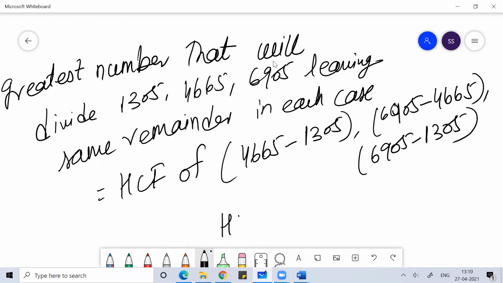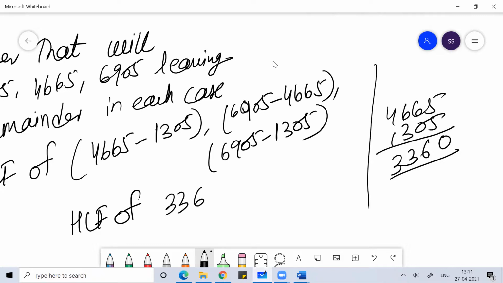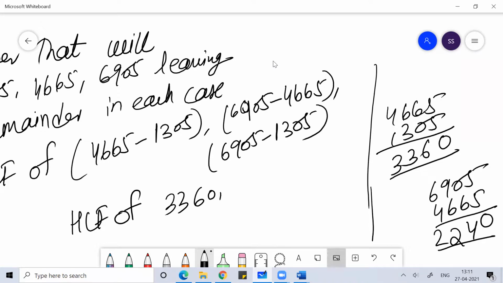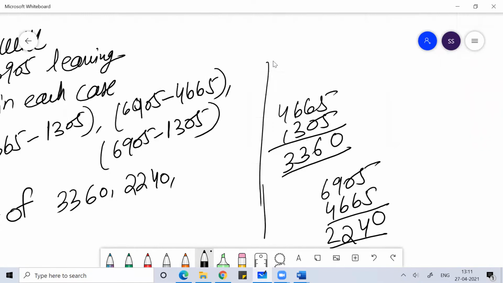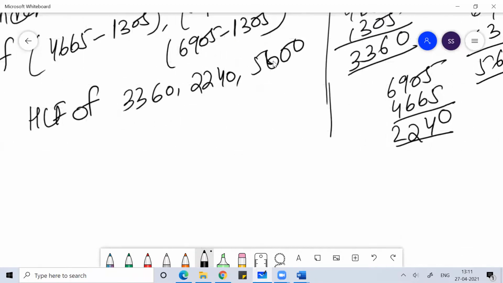Finding the HCF of these will give you the answer. 4665 minus 1305 is 3360; 6905 minus 4665 is 2240; and 6905 minus 1305 is 5600. Find the HCF of these numbers.